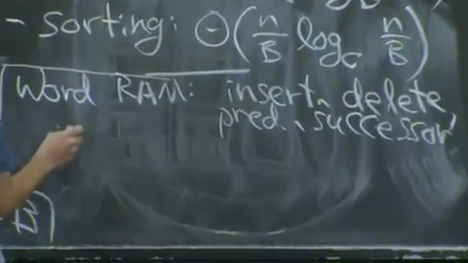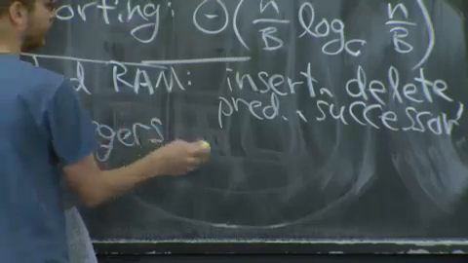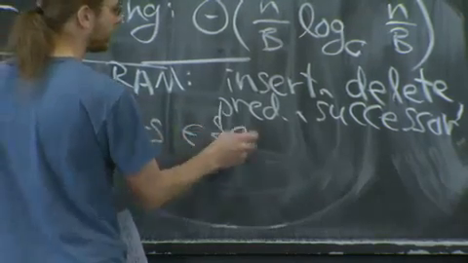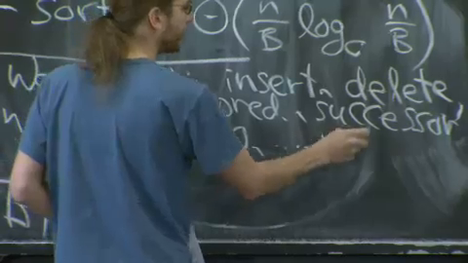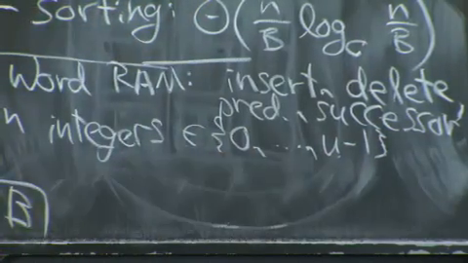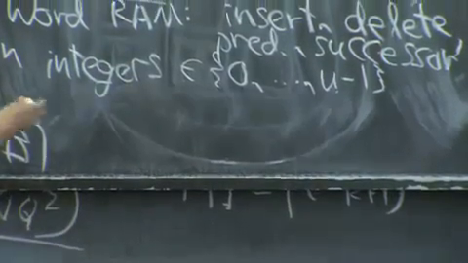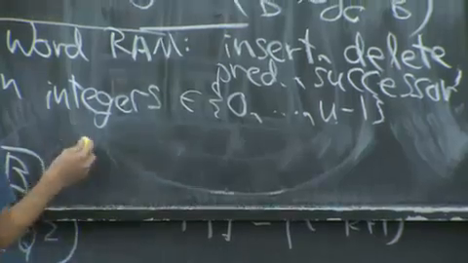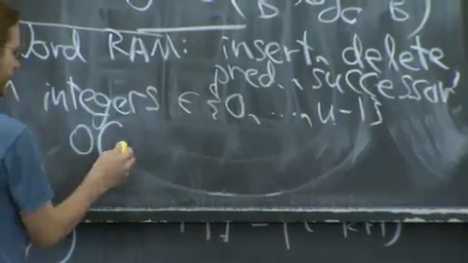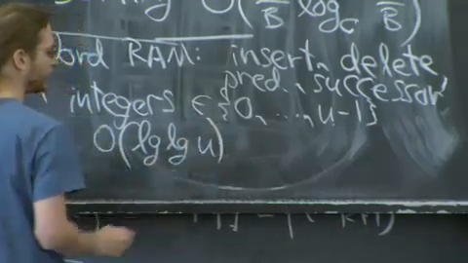If we have n integers in the range 0 to u minus 1, so u is the size of the universe, then we already know how to do log n, but you can do two other bounds. One is log log u.